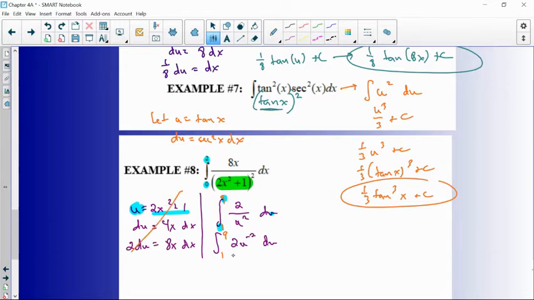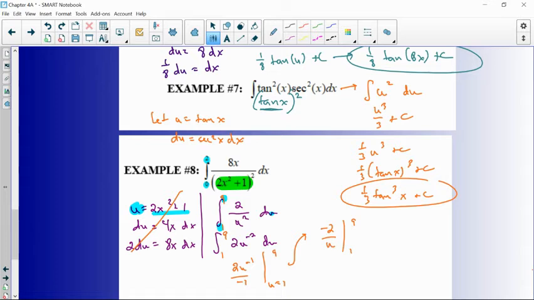So now when I take the antiderivative, it becomes 2u to the negative 1. Remember, we're bumping it up a power. Divide by negative 1, and instead of putting a plus c, I'm going to evaluate it when u goes from 1 to 9. If you don't like that u to the negative 1, you could think about that as negative 2 over u, evaluated from 1 to 9.